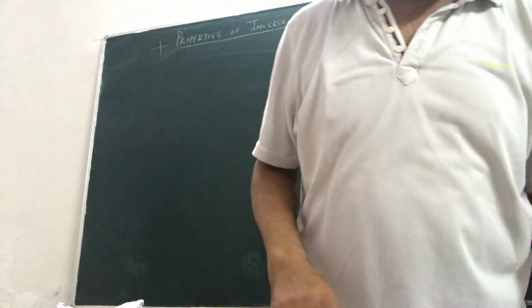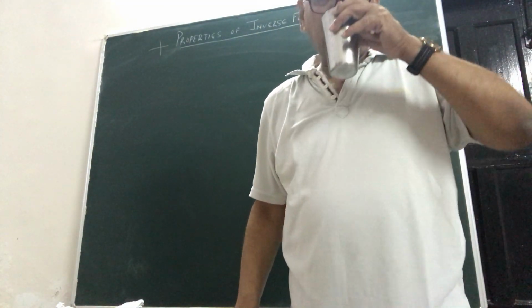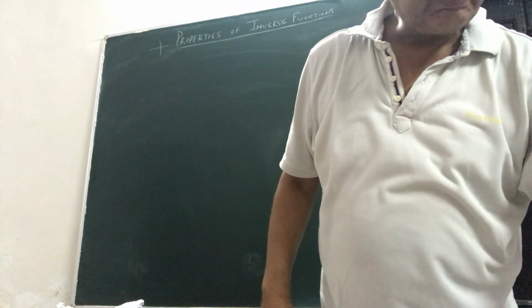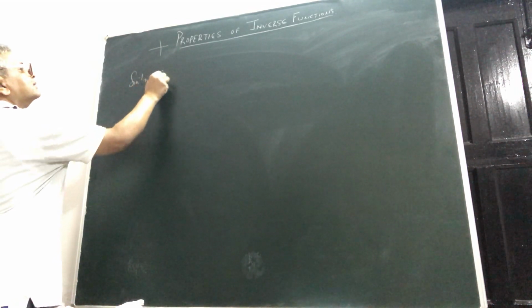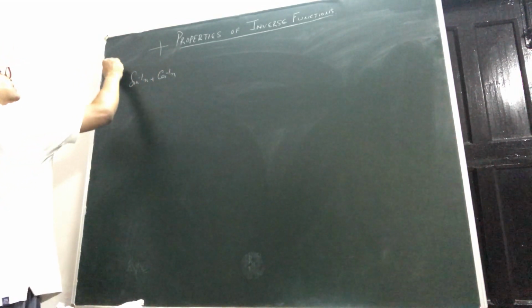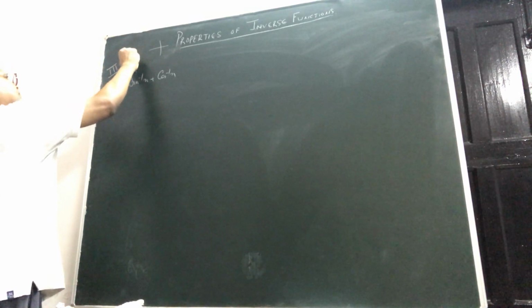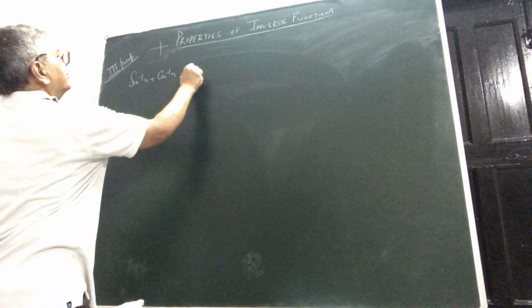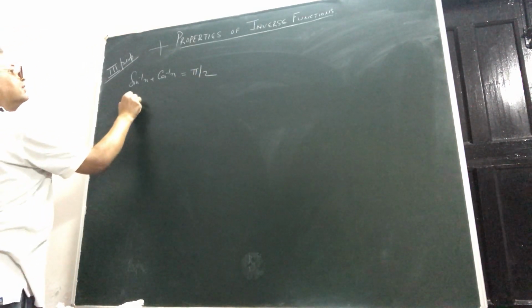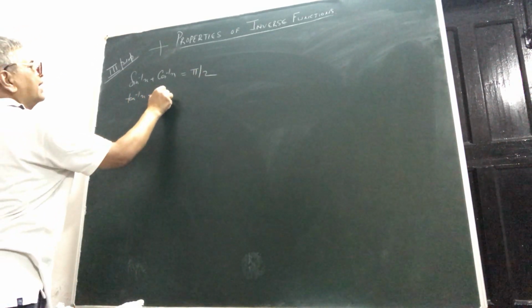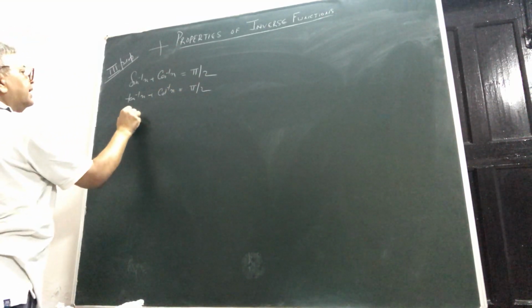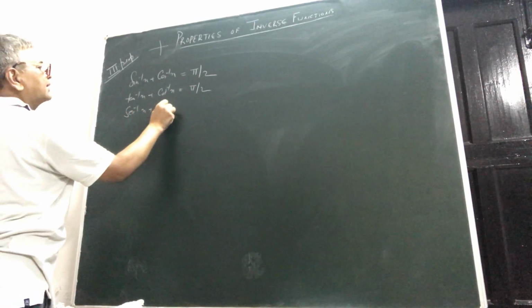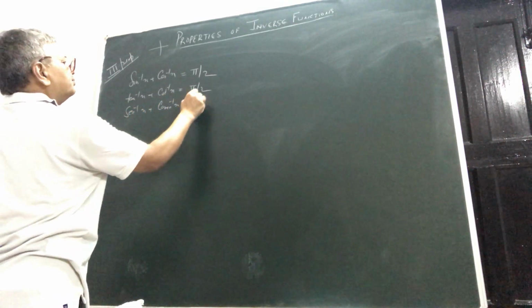Here, they are not inverses of each other. So write down the third property: sin inverse x plus cos inverse x is pi by 2. Likewise, tan inverse x plus cot inverse x is pi by 2, and sec inverse x plus cosec inverse x is pi by 2.